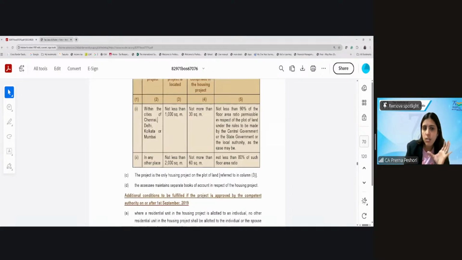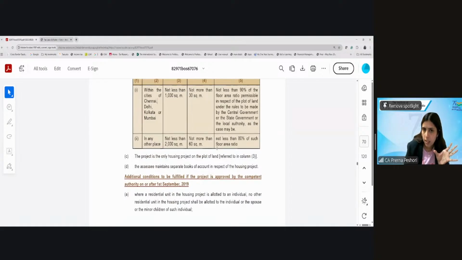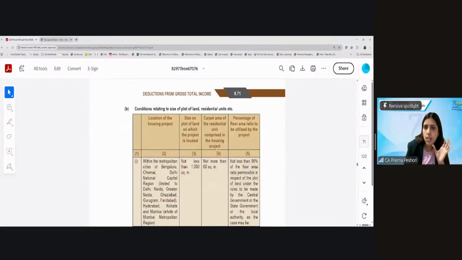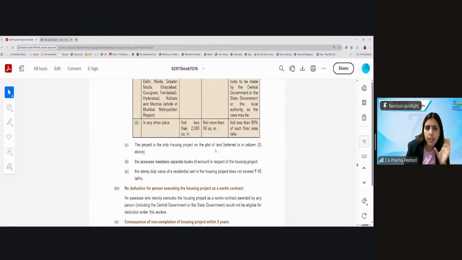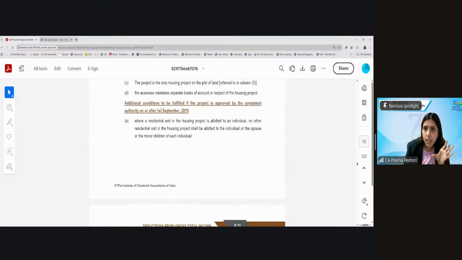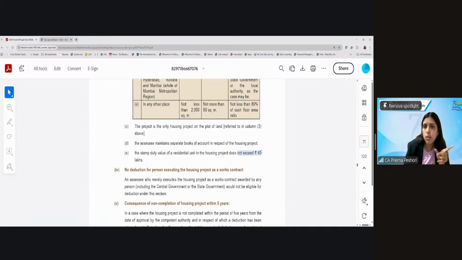So these are certain conditions which are given. You don't need to remember them, but just know that they are there. And in case of a project approved after 2019 and before 2022, the stamp duty value of the housing project should not exceed 45 lakhs.